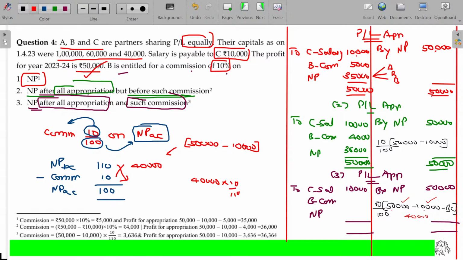So usually in schools and even in texts, if commission is to be calculated after charging such commission, then you calculate this way: commission divided by 100 plus commission. That's how the formula is mugged up. Rather than mugging up the formula, you understand the logic. This logic will be used in most of the other cases, like calculating net profit 10% on sales, 10% on cost.